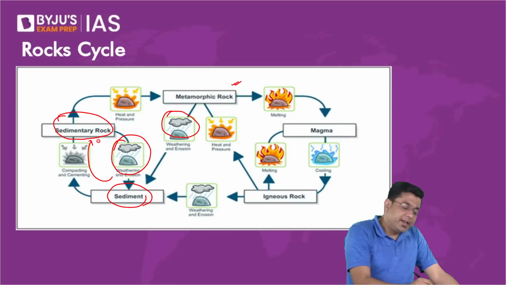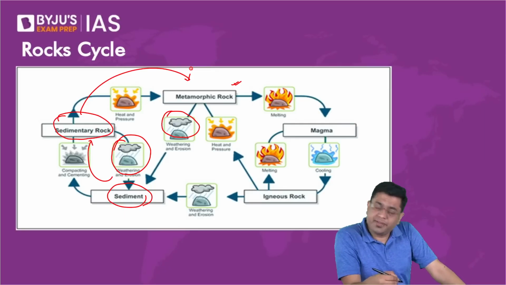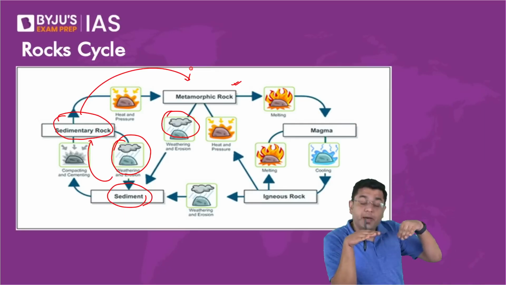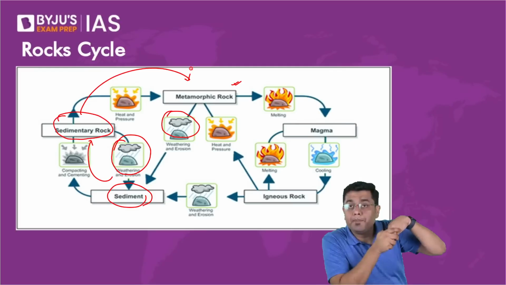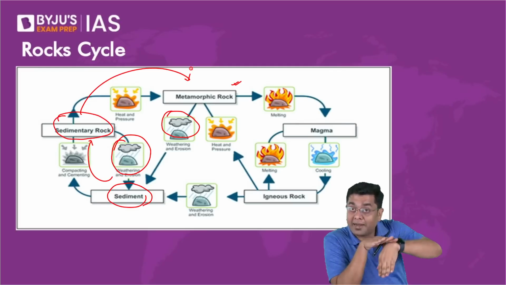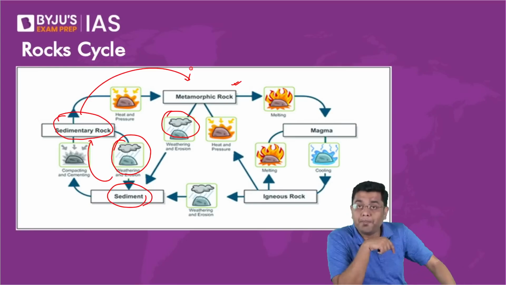So, in that case, that sedimentary rock can get converted into metamorphic rock, isn't it? Now, let's suppose due to the movement of the rocks, the movement is such that one portion of the crust goes underneath the other portion. Now, there it will melt as it goes underneath the other portion of the crust at a depth. Due to high temperature, it will melt, it will form magma.